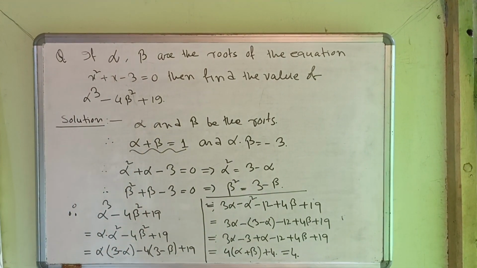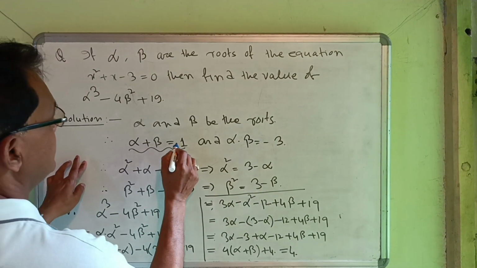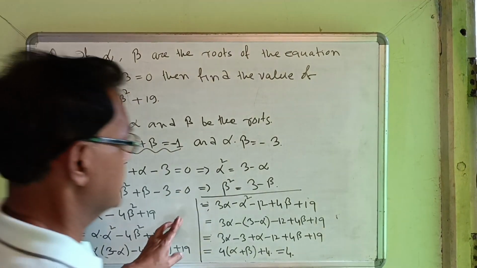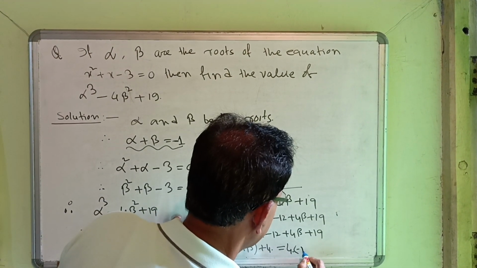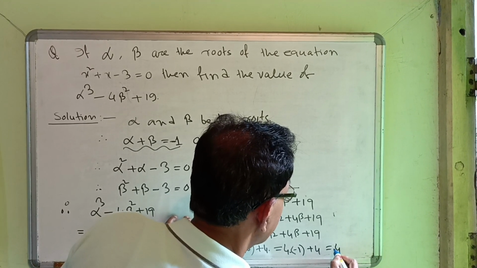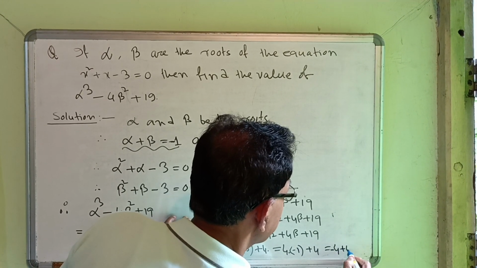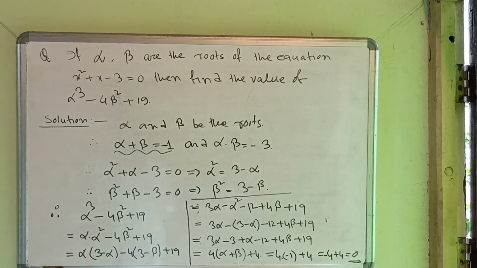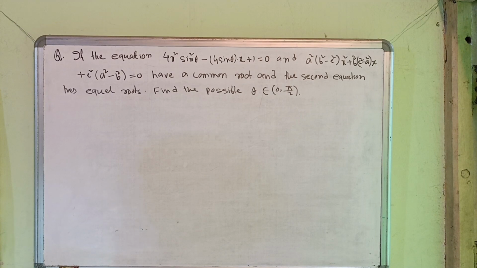Alpha plus beta is equal to minus b by a, so it is minus 1. Remember it. Therefore we get 4 into minus 1 plus 4, which equals minus 4 plus 4 equal to 0. That is the result. That is a very important question.